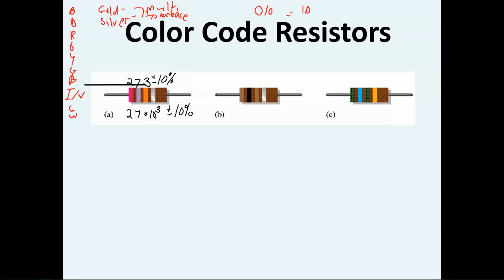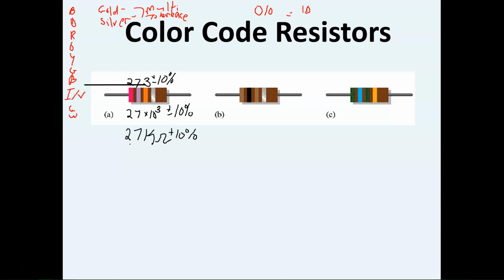So let's break this down then. First of all, if we put it in engineering notation, this is 27 kilo ohms plus or minus 10%. If I wanted to find my high value and low value for these, so let's say I've got one of these resistors, but I need to know if it's in tolerance.